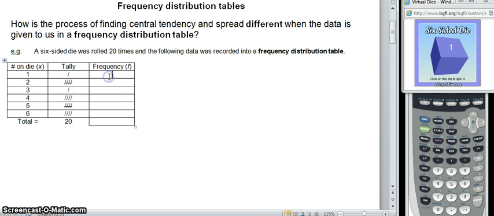Now, look across here, frequency. Frequency is how many times. So how many times do we get a 1? 1. How many times do we get a 2? 5. How many times do we get a 3? 1. And so on, going down the list like that. And that is where we want the total.